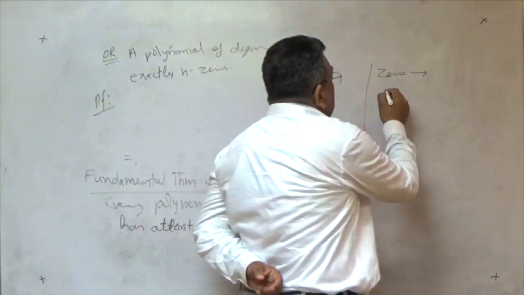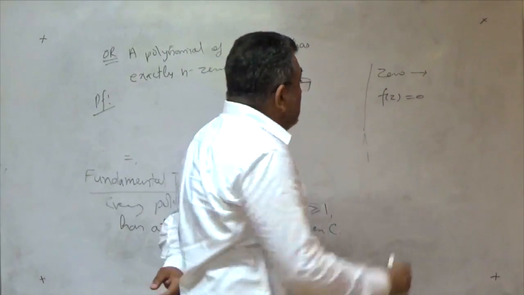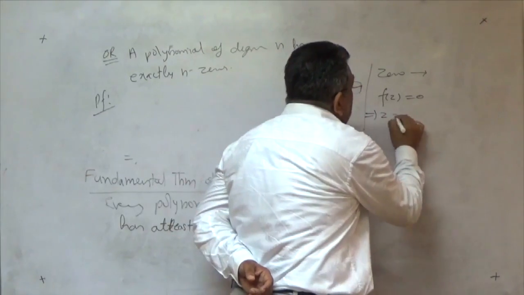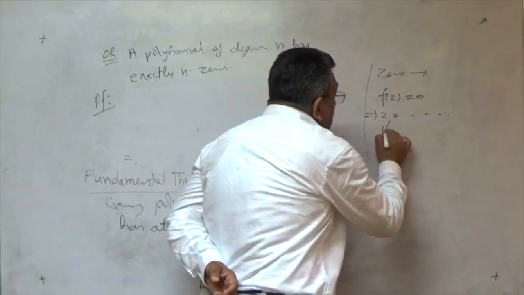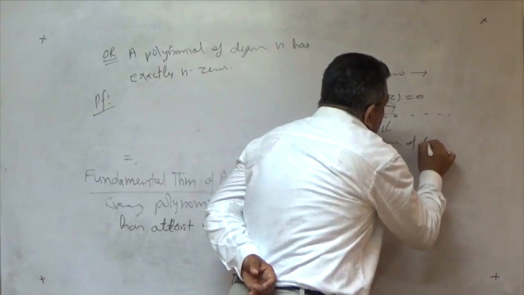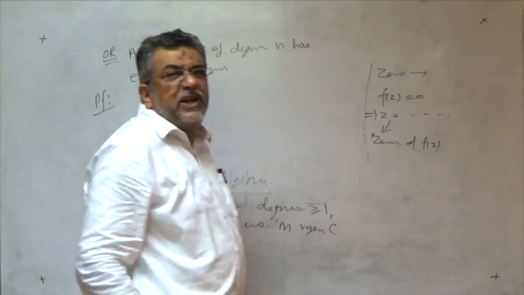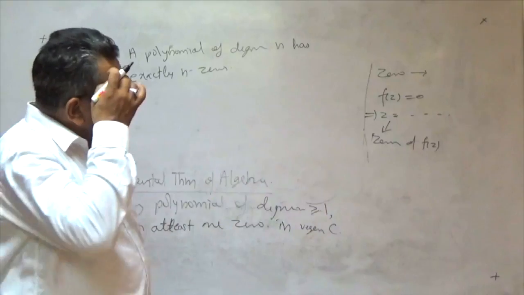Zero means if f(z) equals 0, find the solution of this, and these values, these roots, are called zeros of f(z). That is sufficient to understand the proof of this fundamental theorem here.